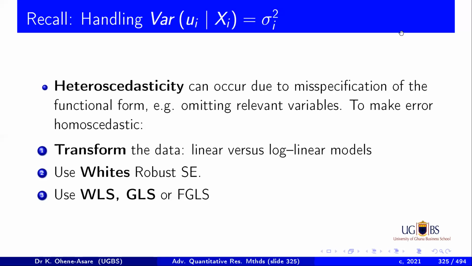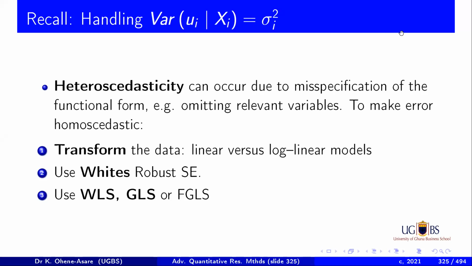All right, ladies and gentlemen, we want to start with the concluding part of heteroscedasticity. Remember, we said that heteroscedasticity occurs when the error term given the independent variable is not constant across observations.